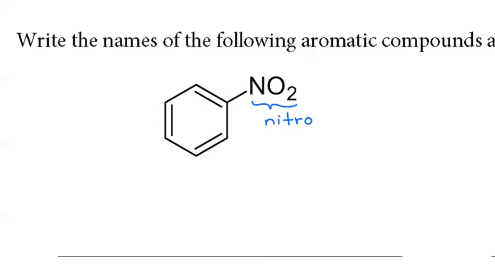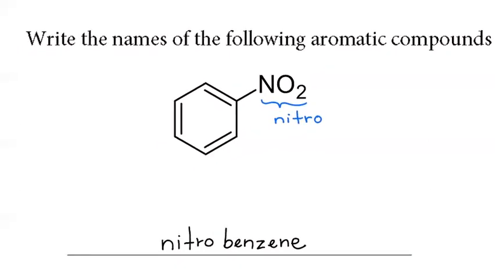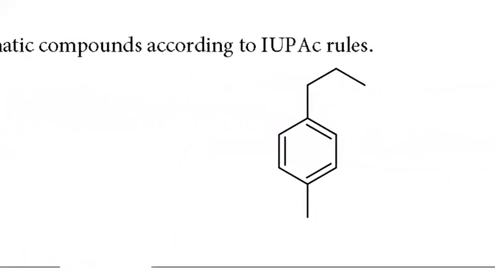So what would be the name of this compound if this substituent is known as a nitro group? Great job, Gia. Exactly. This is nitrobenzene. Let's move on to the next example.